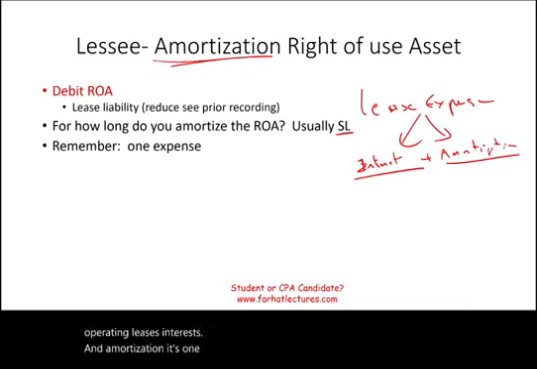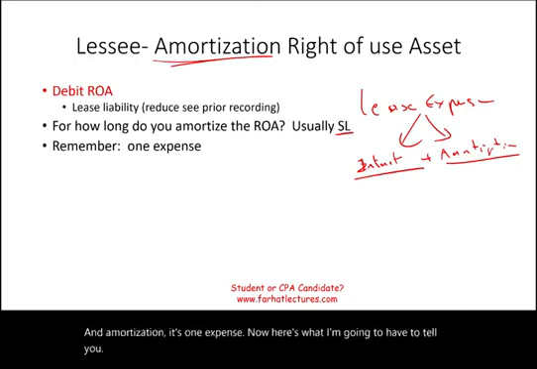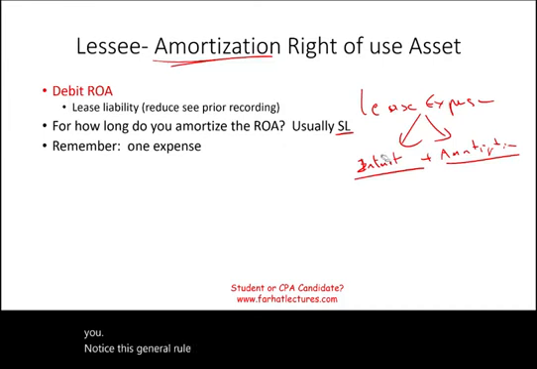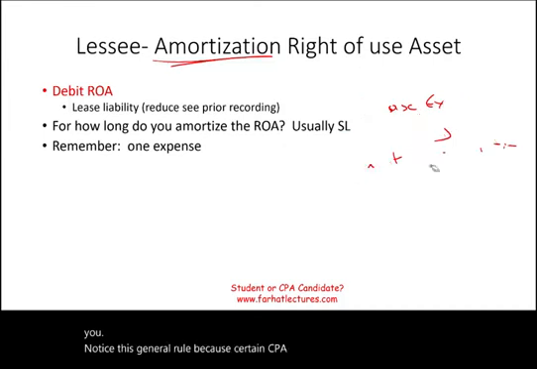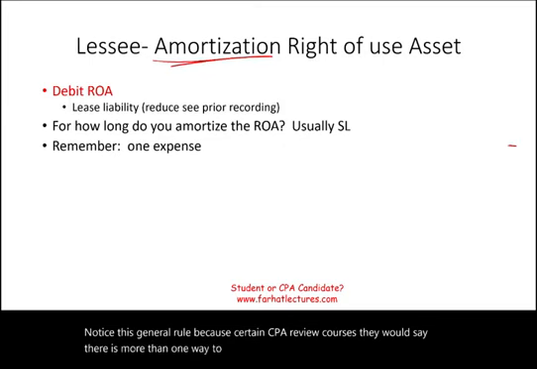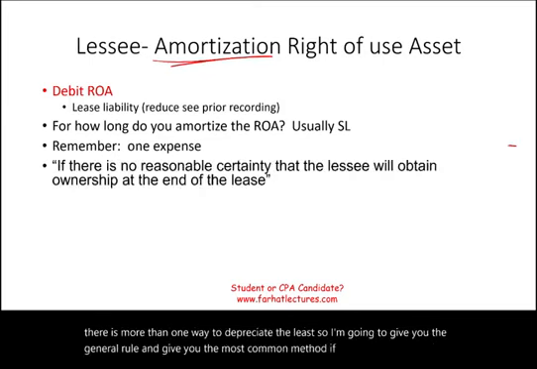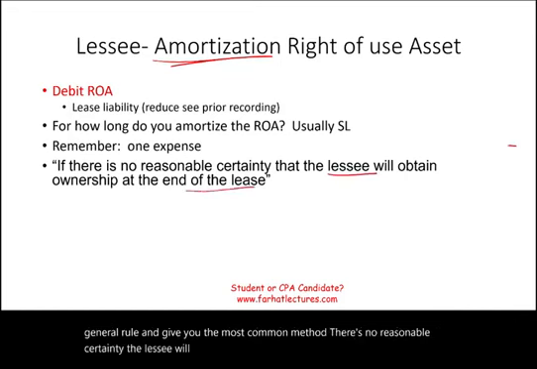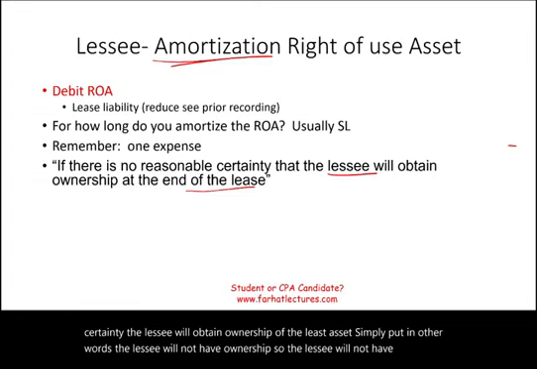Now here's what I'm going to have to tell you. There's this general rule, because certain CPA review courses say there's more than one way to depreciate leases. So I'm going to give you the general rule and the most common method. If there's no reasonable certainty that the lessee will obtain ownership of the leased asset, in other words, the lessee will not have ownership and will not have that bargain purchase option.